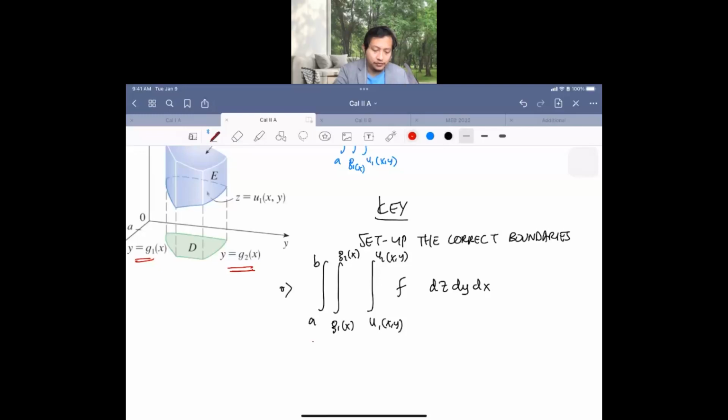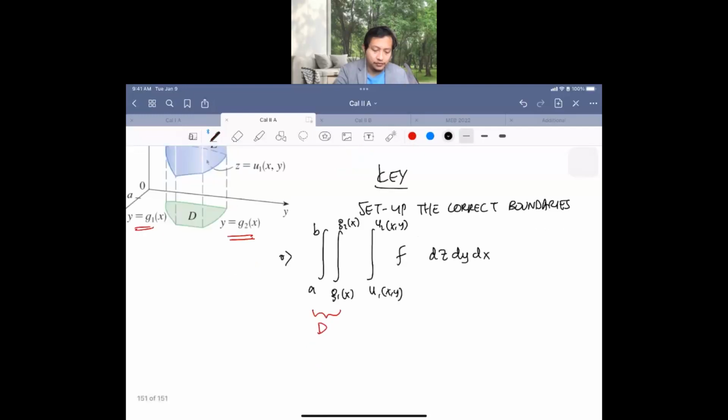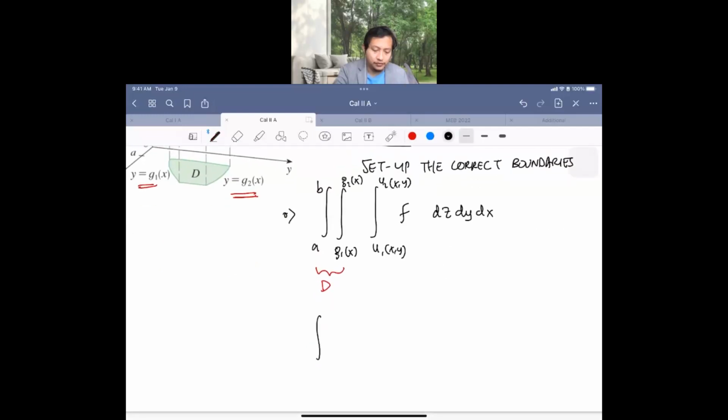This is our D. Now we could also have the other subject, which is c, d, and let's say this is h1y, h2y, and this will be u1xy, u2xy. This is, let's say, the same f, dz, dx, dy.